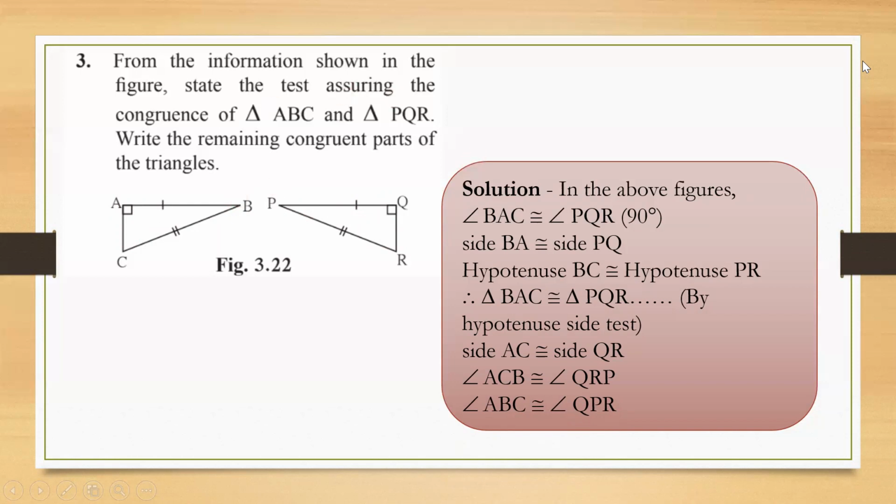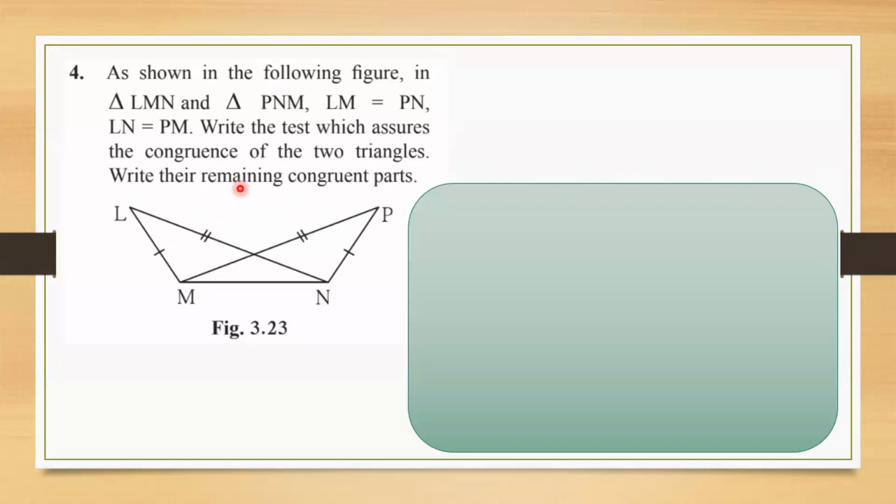Let us solve the fourth sum. In the fourth sum, the figure is shown as in the following figure. In triangle LMN, that means this triangle, and triangle PNM, that means this triangle, LM is congruent to PN.